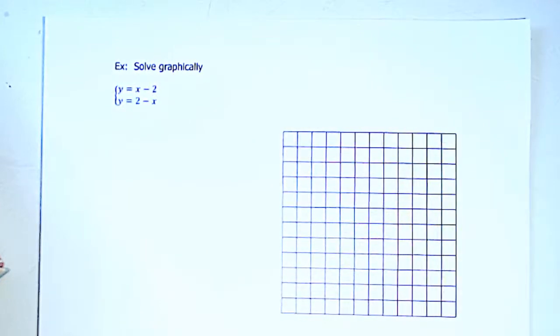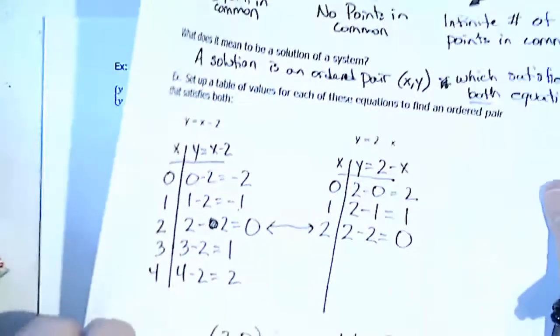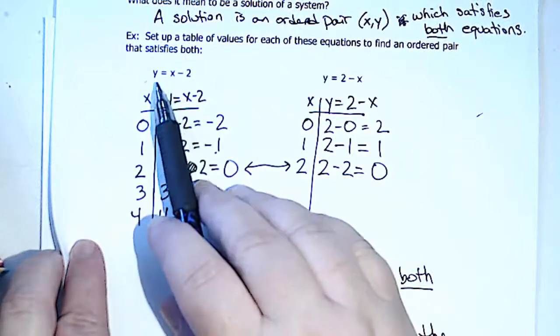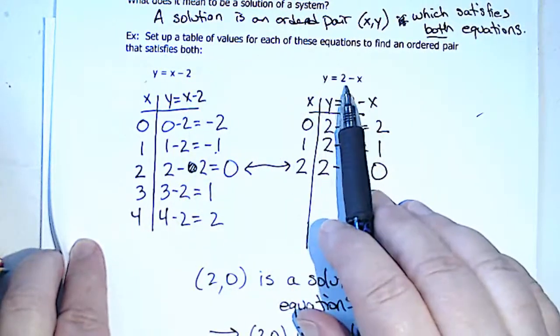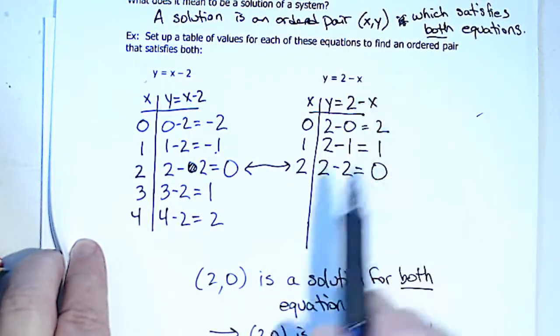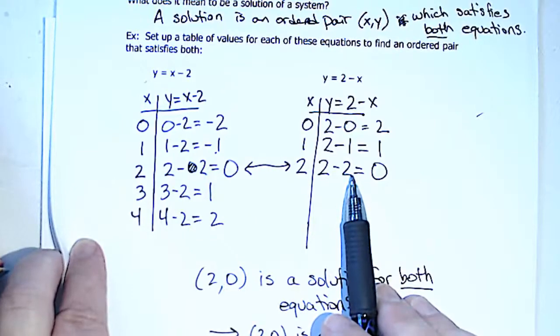And we are in the middle of looking at what happens when we graph two lines at the same time and seeing how they interact. On the previous page, we got these two equations, y equals x minus 2, y equals 2 minus x. And we discovered that they did have a point in common.